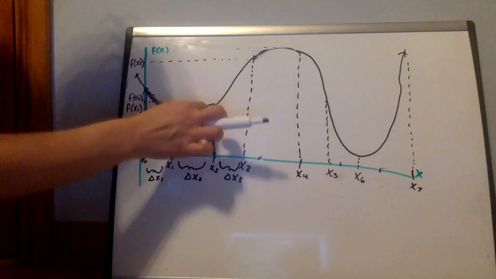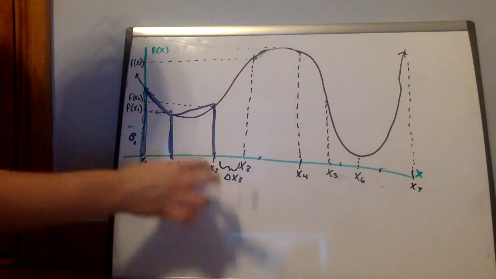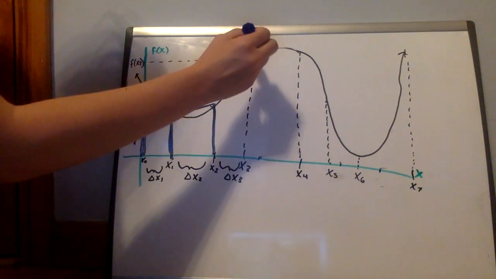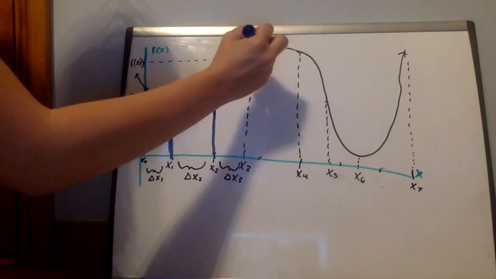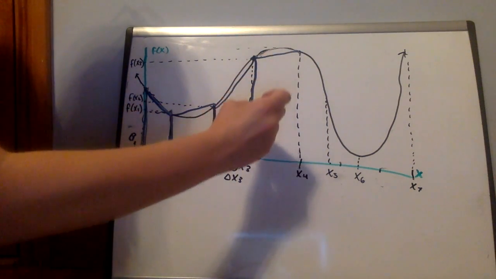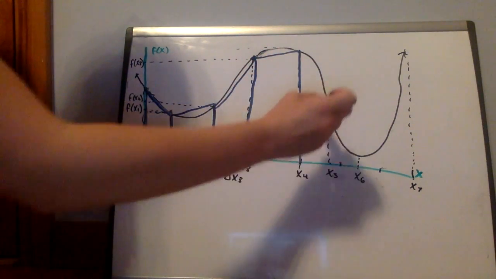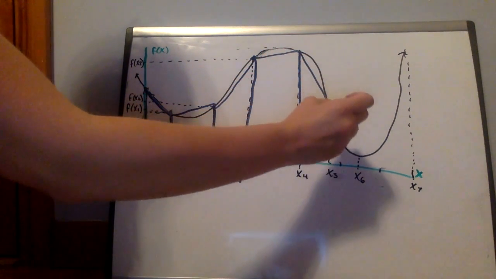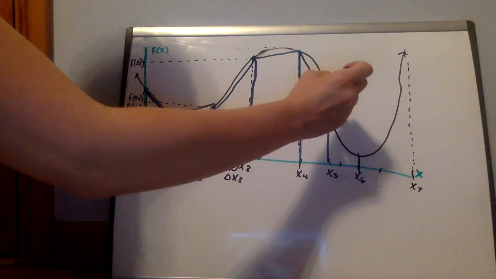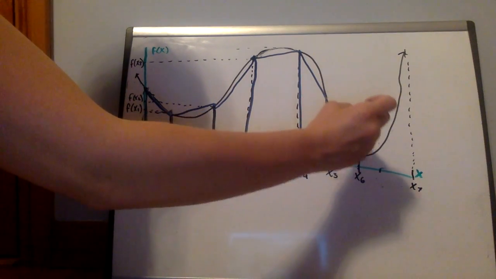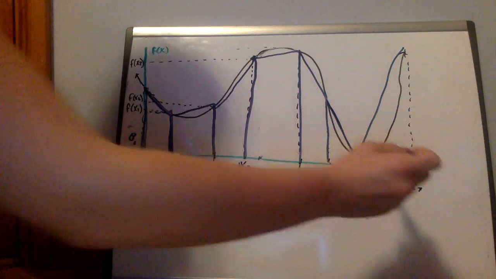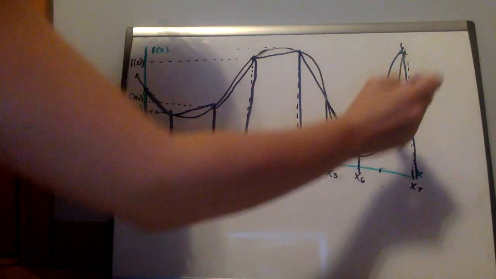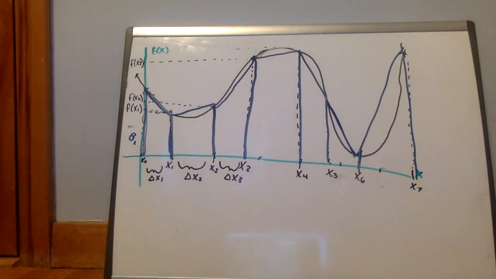This f of x2 is going to be used as a base for this trapezoid, and it's also going to be used as a base for this trapezoid. So we have our trapezoids.